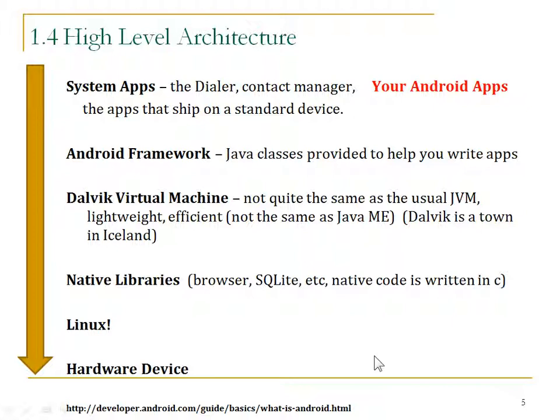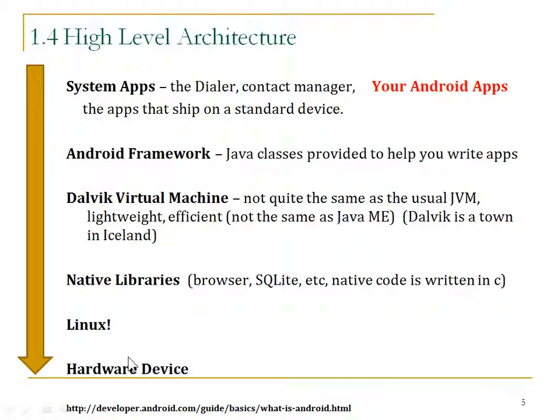So let's start thinking about what Android actually is. Well, look at the bottom first. This is the hardware device, either the phone, the handset, or the tablet. And people call Android an operating system. I really don't like that.